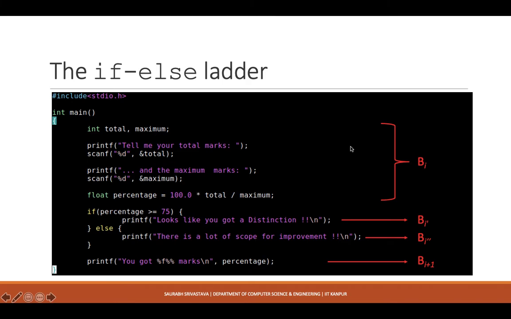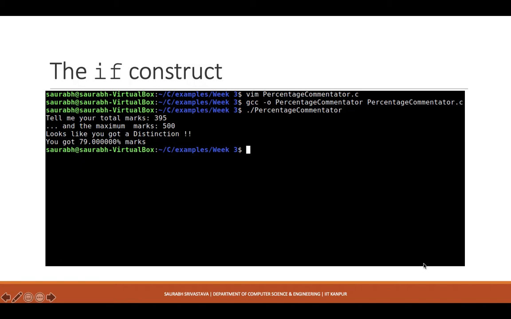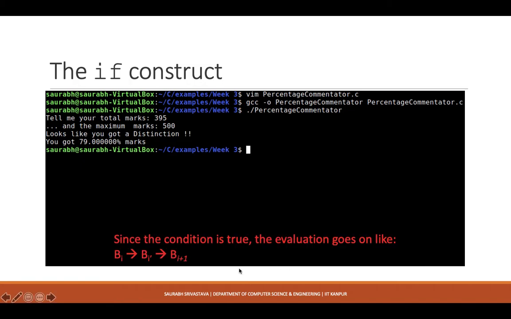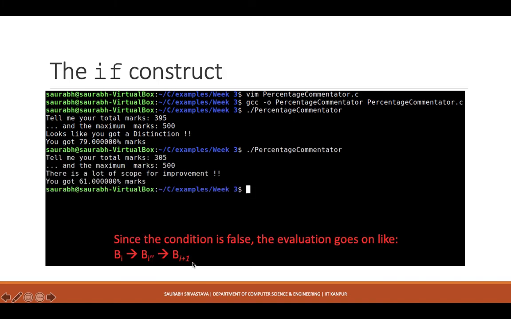So now this is my bi, this is my bi dash, this is my bi double dash. Double dash is within the else part, and then this is my bi plus 1. So now this is the same case. When the condition is true, it is bi dash and bi plus 1, and when the condition is false, it becomes bi double dash and bi plus 1, right?